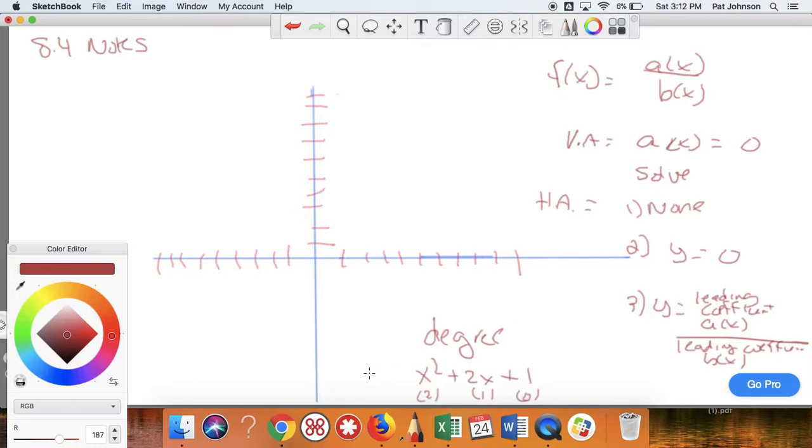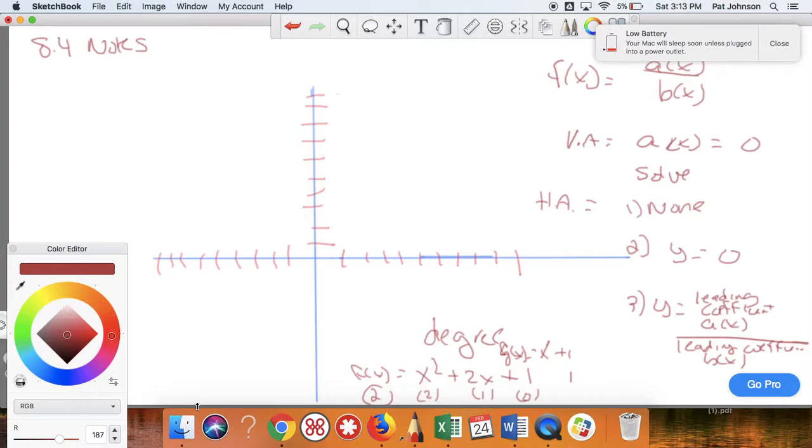So this entire polynomial, f of x, is going to have a degree of 2. If I have x plus 1, we'll call it g of x, it has a degree of 1, because this is x to the 1, and constants have a degree of 0. So you find the degree of each polynomial function first.